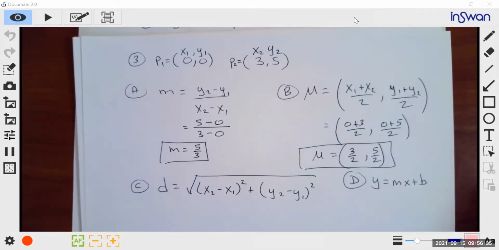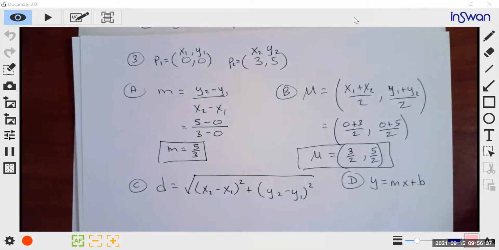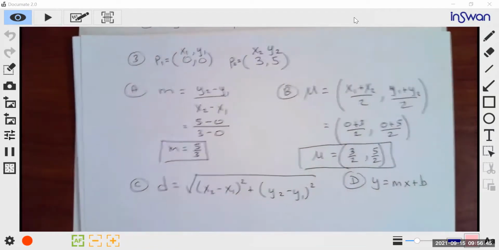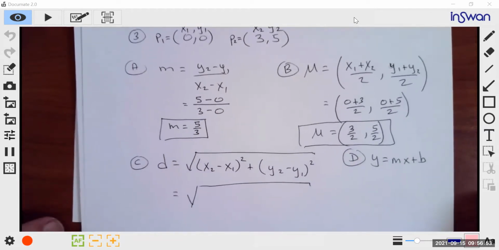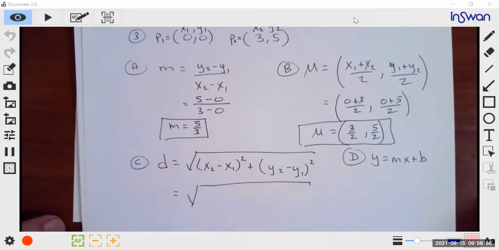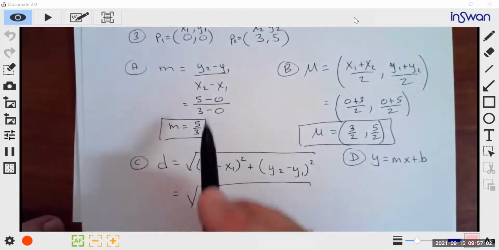Difficult? If you remember the formula, it's a breeze. It's just plug and play. The hardest part is remembering what the formula is, and what you plug in. The distance. Most of the work is done already. x2 minus x1, have we done it before up here?